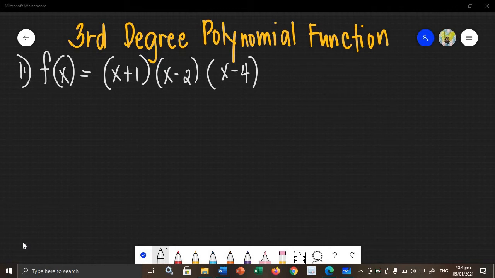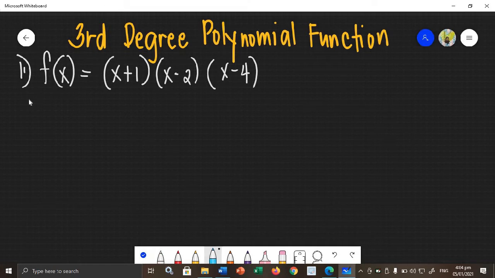So before natin i-sketch yung graph ng third degree polynomial function, we will look for the values of these terms. We will look for the zeros of the polynomial function. We will also look for the multiplicity of these functions.